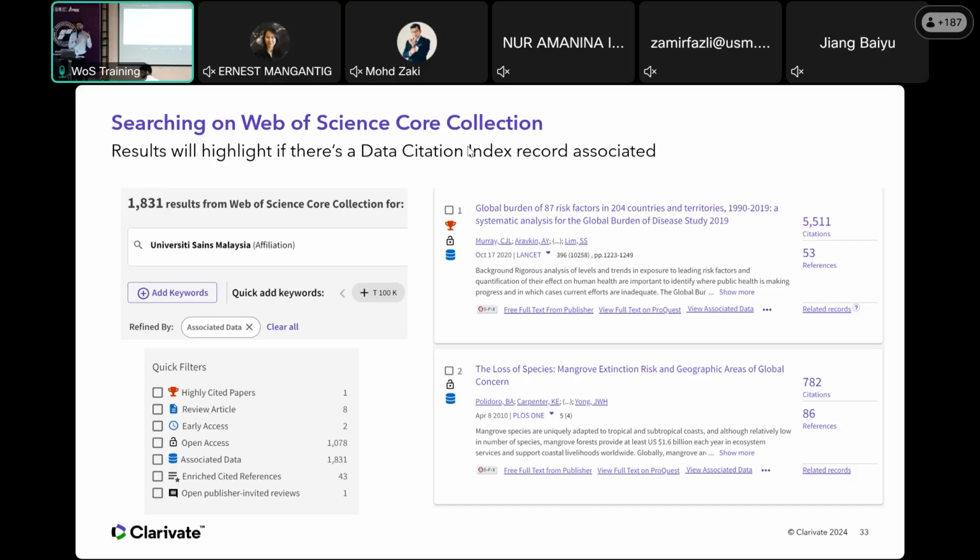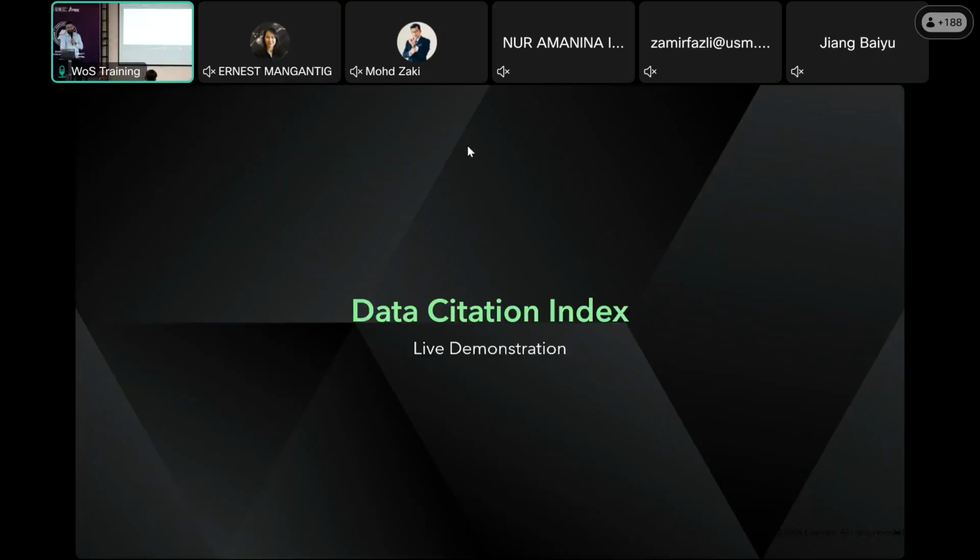And of course, there are also always links to these data sets, because the data sets themselves are normally in public access, in open access, so you can easily search for them and navigate to the full record of this data set.